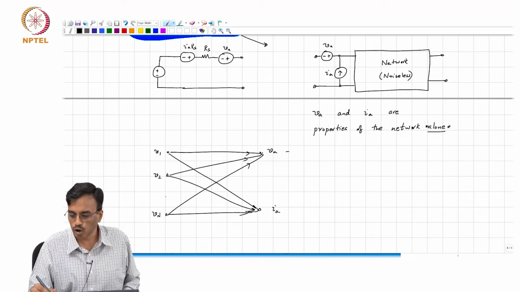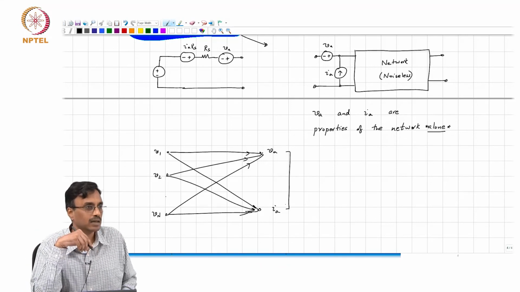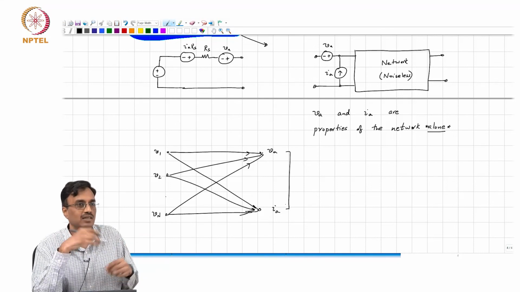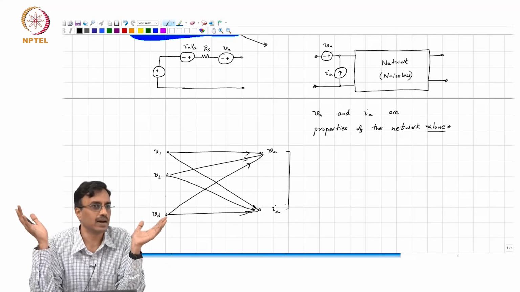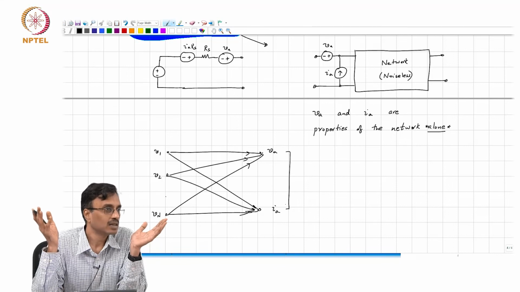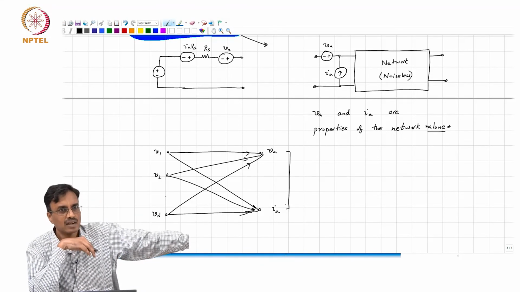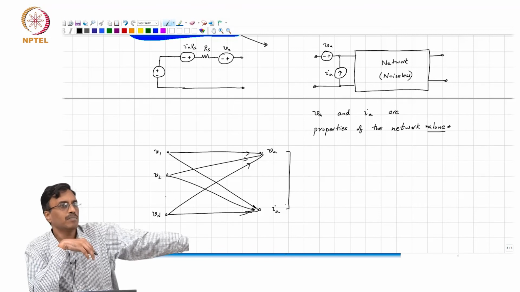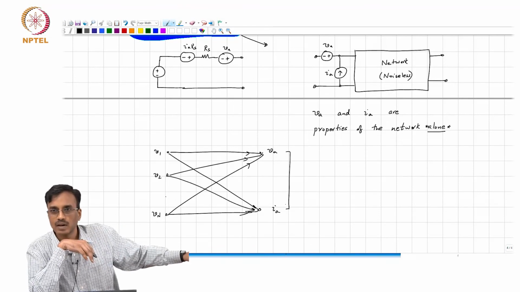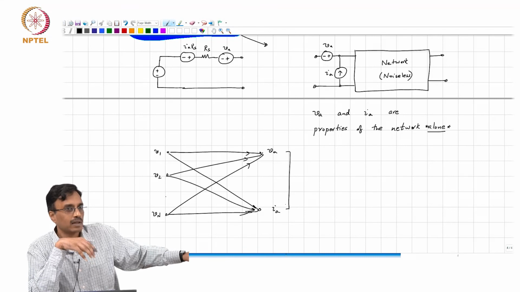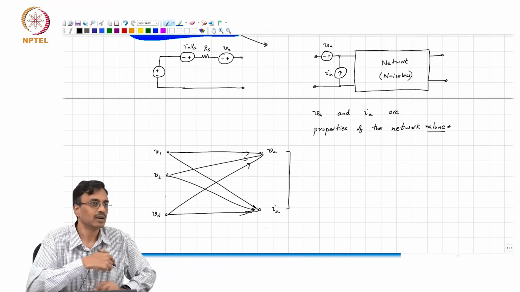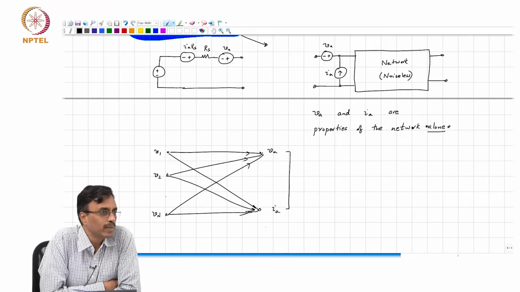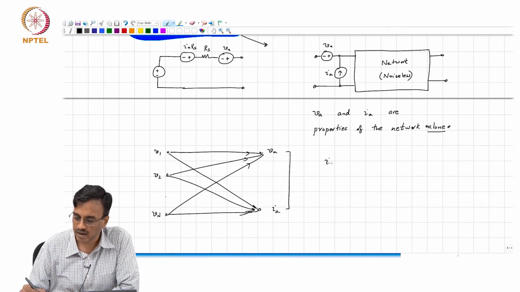So, what comment can you make about Va and Ia? Is there some relationship between the two, or are they completely independent? Both are basically forming the linear combination of some bunch of independent sources, correct? And therefore, these two will in general be dependent. So, Va and Ia are dependent. In other words, the noise sources Va and Ia are correlated.